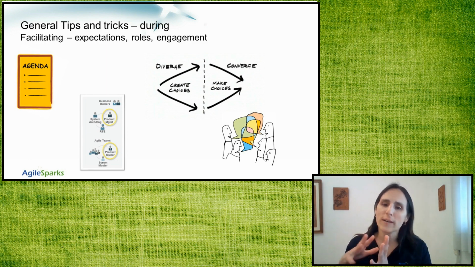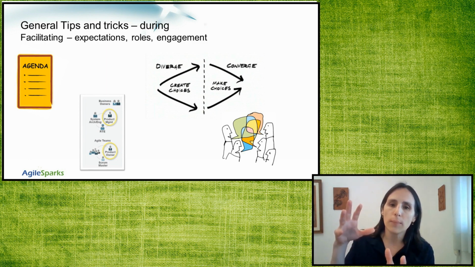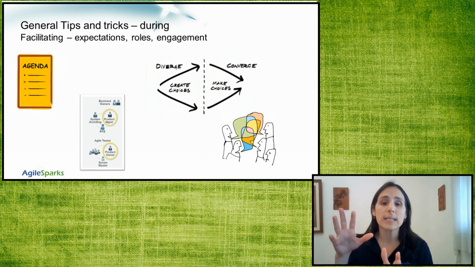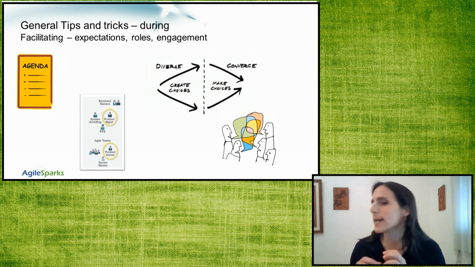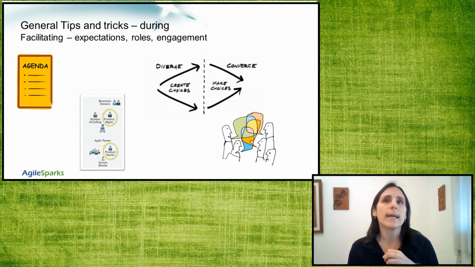And then you want to also clarify that the story mapping has an initial part of it that is going to be more creating options, creating those different ideas, and that's diverging. And some people can get a bit uncomfortable with that. It can feel a bit chaotic. It's a brainstorming process. And you want to mention it to people, because that way, if they know that's coming, then they can feel a little bit more comfortable with that.